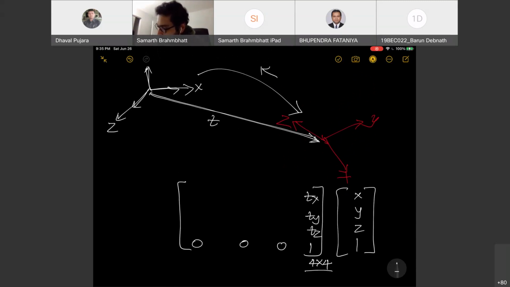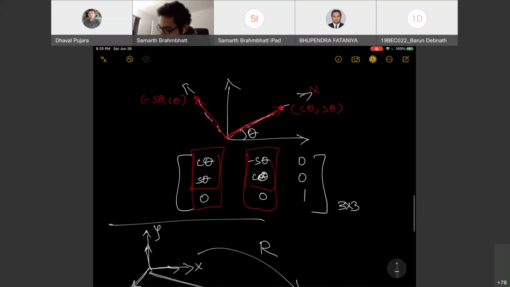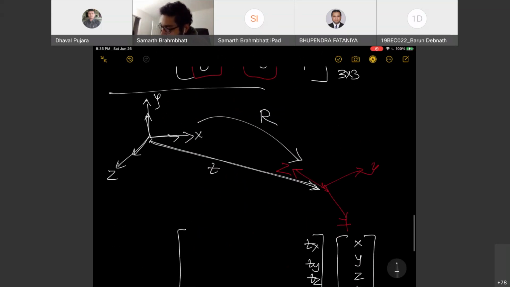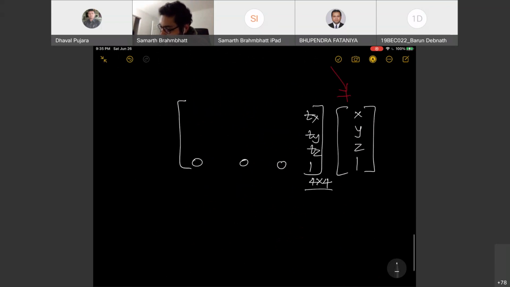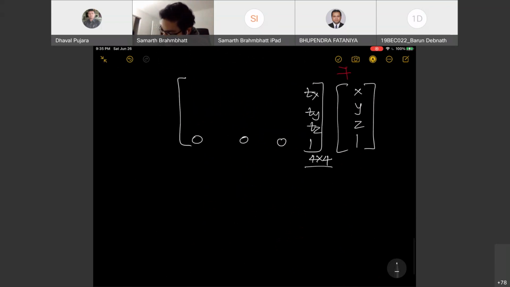And now this rotation matrix, it's in 3D, it's not so simple. In 2D, you can just write this cos theta, sin theta thing. But in 3D, you have to make these rotation matrices for all the 3 axes differently, right? So let's say I will just write it for the x-axis. So for the x-axis, this is what goes here. This is the 3 by 3 block of the matrix.